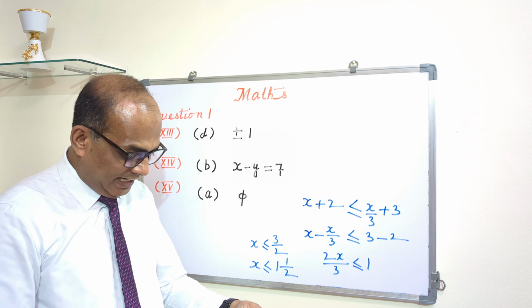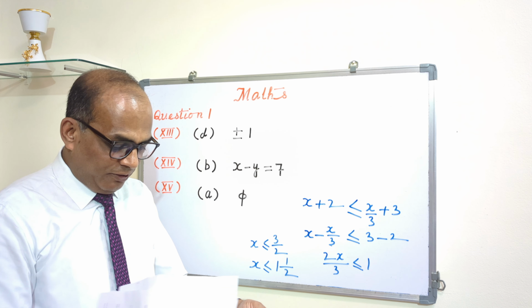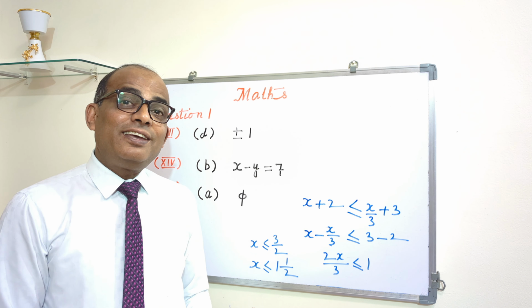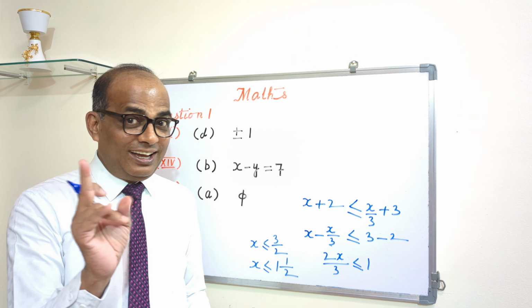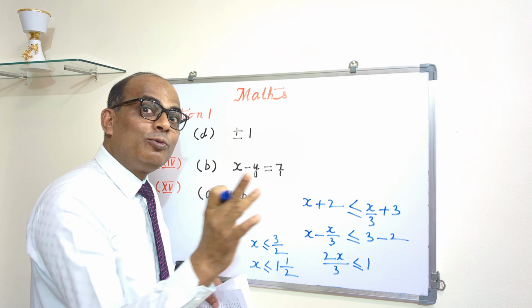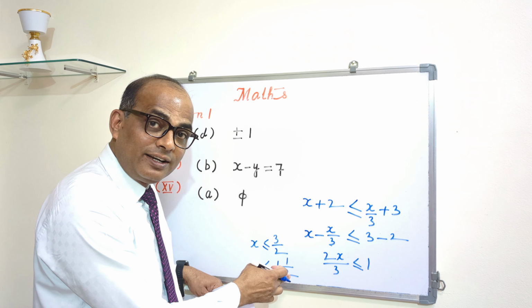But it is given that x is a prime number. And 1 upon 2 means 1.5. And the smallest prime number is 2 and not 1. So 1.5 is smaller than 2. The smallest prime number is 2 and this is smaller than 2.